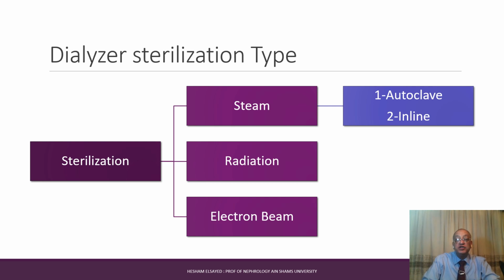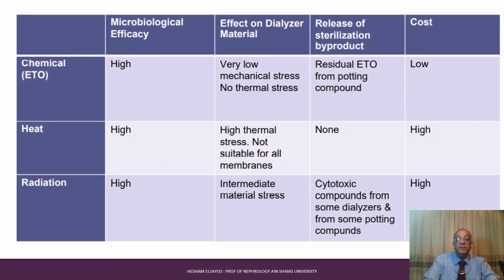Considering the sterilization type, we have steam, radiation, and electron beam. And for steam, you have autoclaving or inline or direct flow steam sterilization. ETO is nowadays not commonly used for dialyzers because it's allergenic, while heat and radiation are the commonest now.